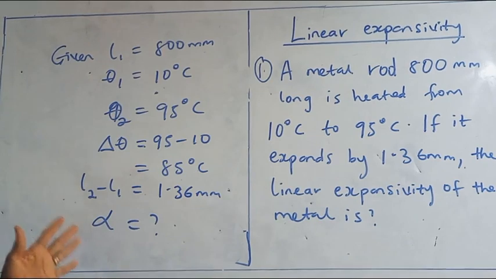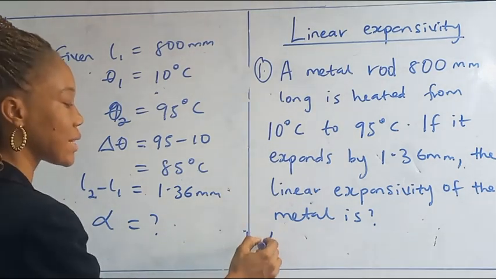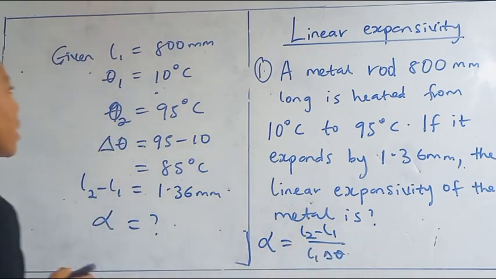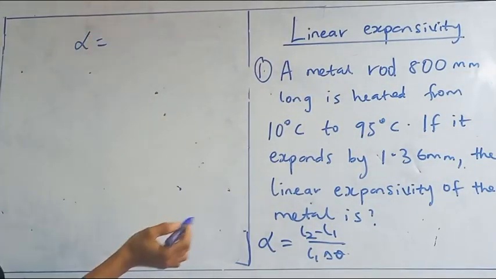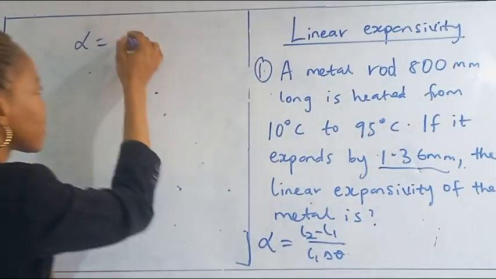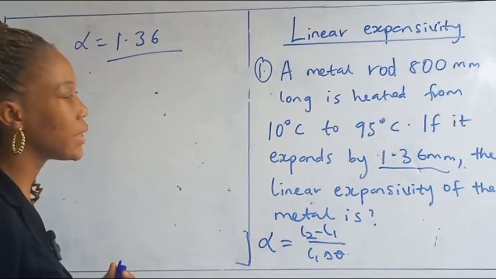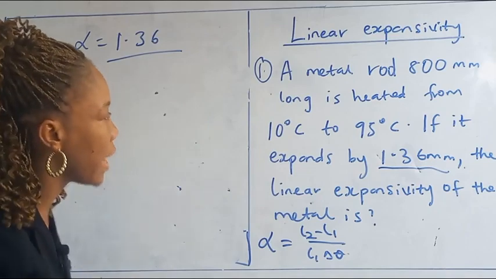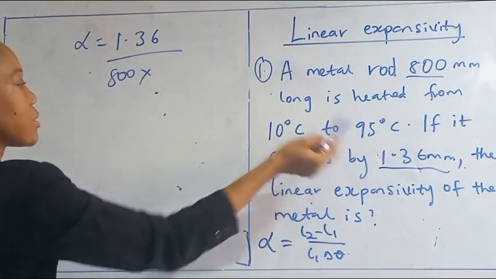Now you see all that we have. Let's put it into this equation: alpha is L2 minus L1 over L1 change in theta. L2 minus L1 is already given as 1.36 millimeters, over L1, which is 800, times the change in temperature, which is 85.